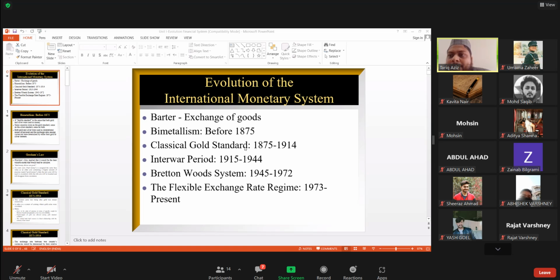But they made this condition that to print new money, new reserve should be created. And the transferability from paper money to gold was allowed. So if somebody decided to exchange paper money for gold, it was possible during this period between 1875 and 1915.